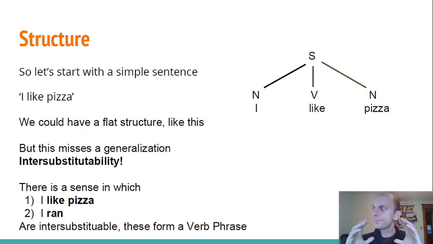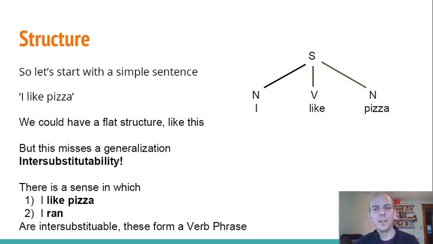Like pizza, as a unit, I like pizza, and I ran. Where ran is substituting not just for like, not just verb for verb here, but the general verby thing that's happening here. What am I doing? Liking pizza. What am I doing? Running. Ran, right? So there's a sense in which those two things are intersubstitutable.